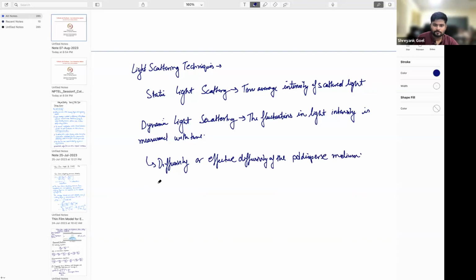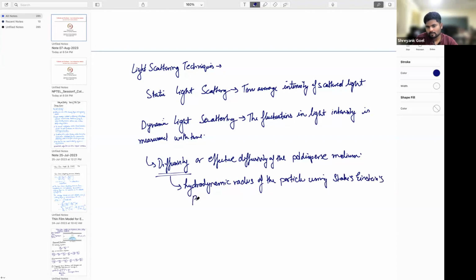And when we know the diffusivity, we are able to calculate the dynamic radius of the particle using the Stokes-Einstein relation.